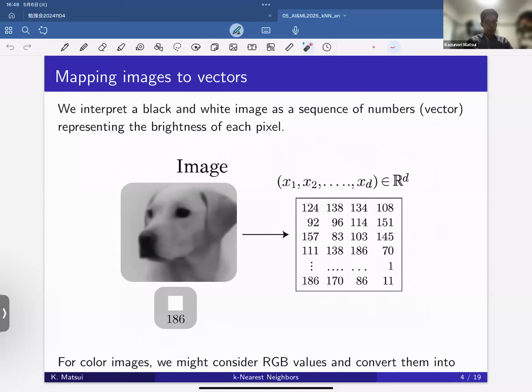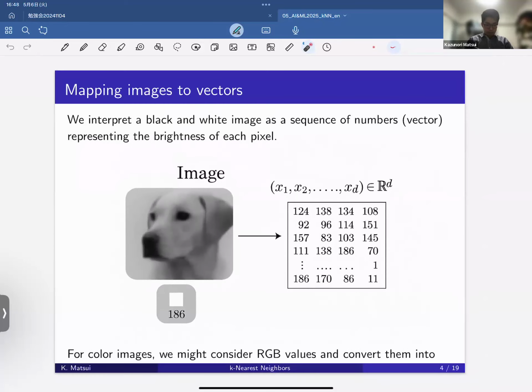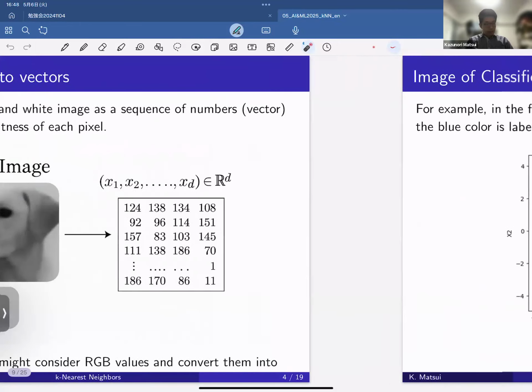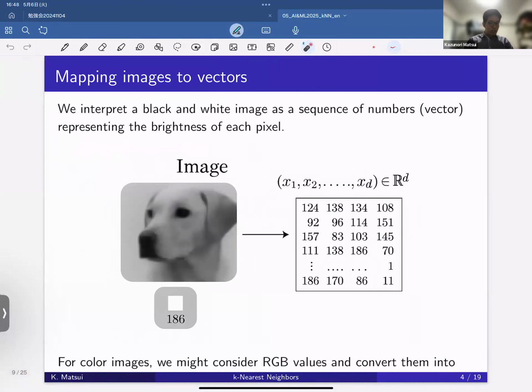Even color images can be interpreted as numerical vectors. We attach labels such as dog to these vectors. For example, if we correspond a dog to 0, we want to associate this vector with the value 0.